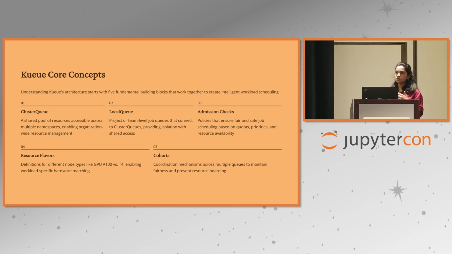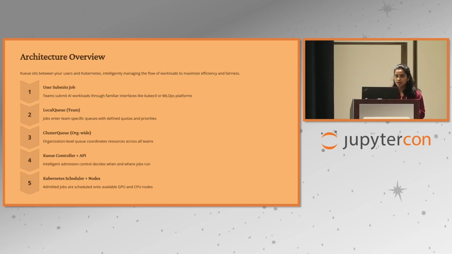Each organization has a namespace, and they try to assign each team to a particular namespace and then assign it to a cluster or a pod. But to make it easy, there is a shared pool of resources accessible in this Kueue cluster. And I'm moving to the next slide.